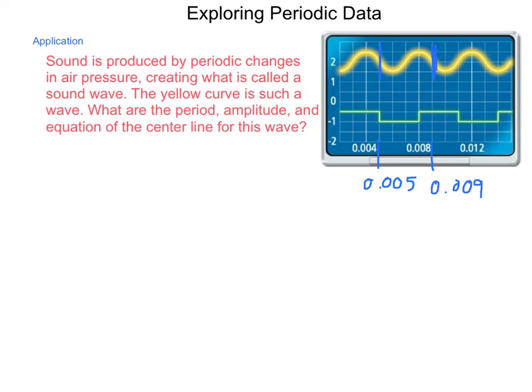So that means our period, and this is in seconds, is 0.004 seconds.